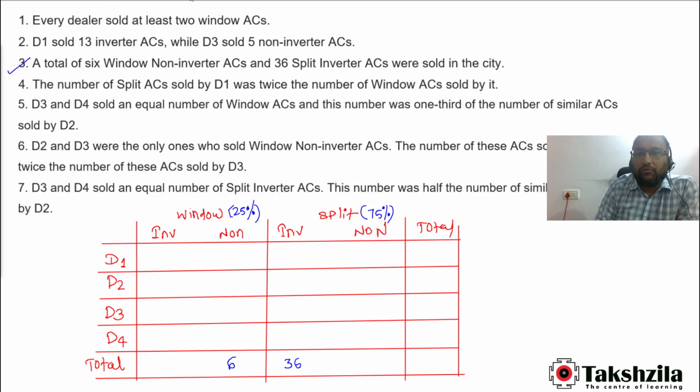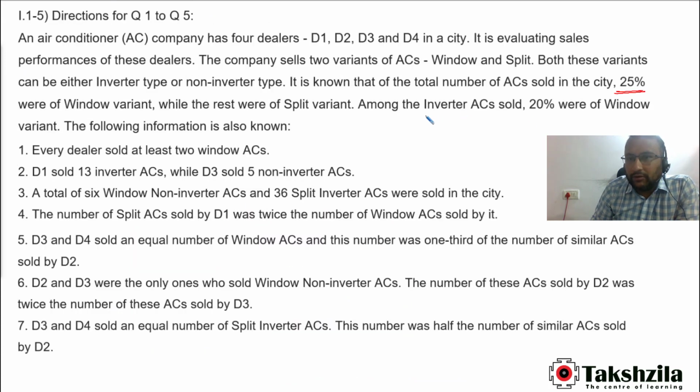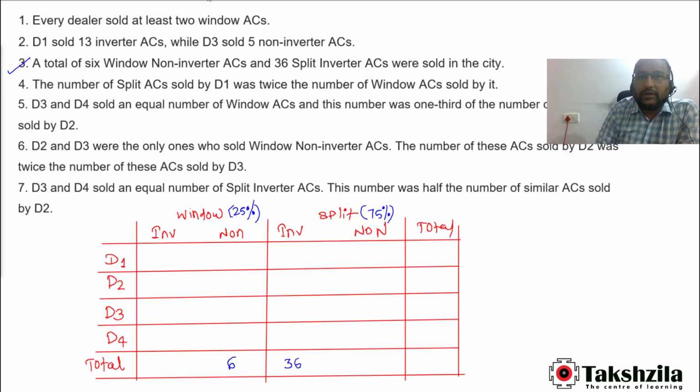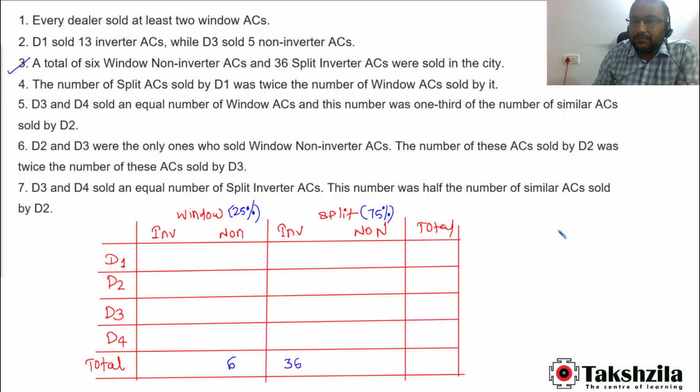Now, there is one statement: among the inverter ACs, 20% are window ACs. Among inverter, 20% is window, which means 80% are of split type.